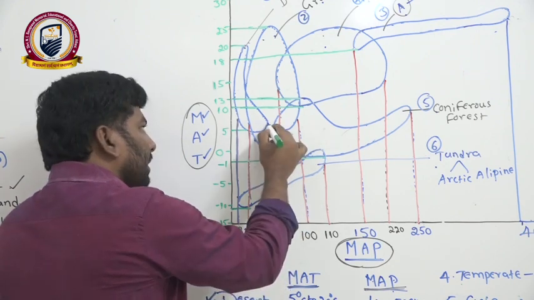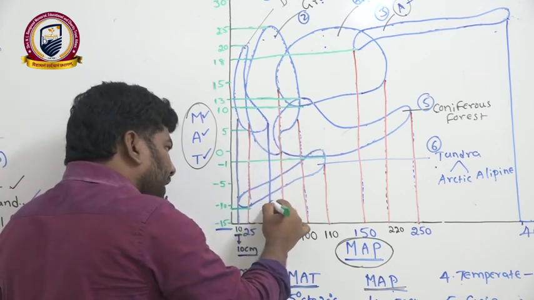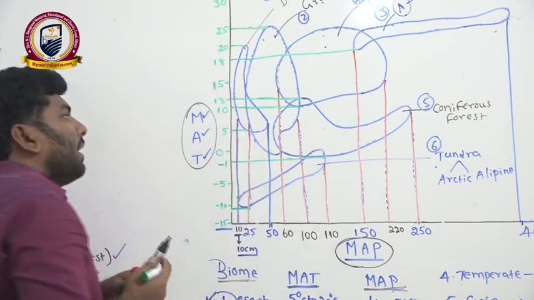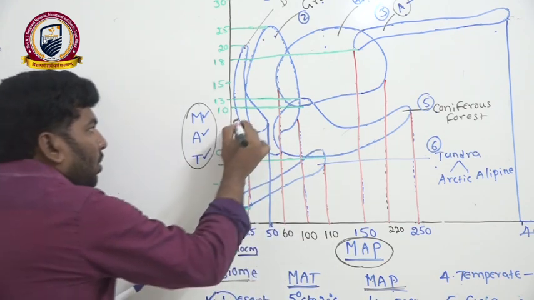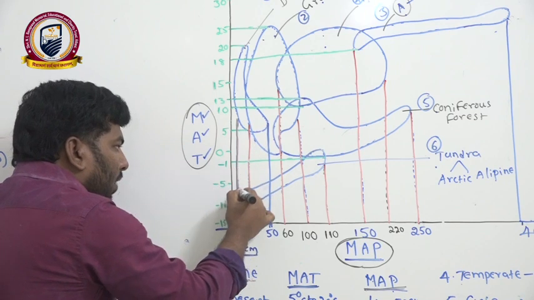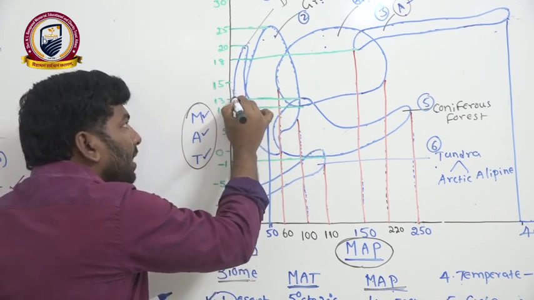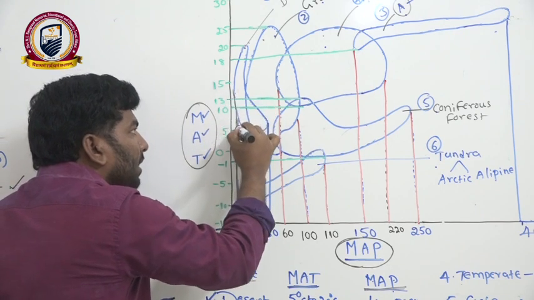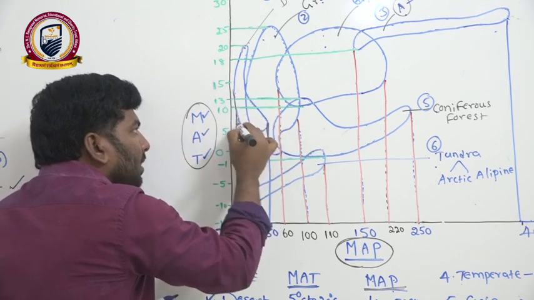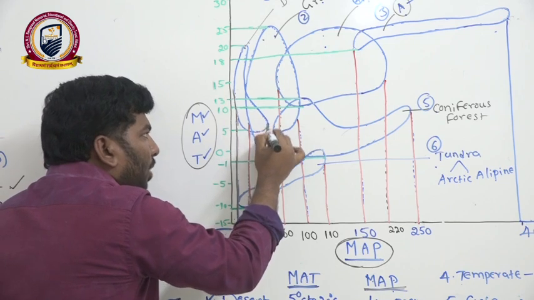Now you can see the mean annual precipitation of the desert biome is starting with one line we are drawing, then the biome is starting here, that's why we have drawn the line here, okay, and the last is the ending point.